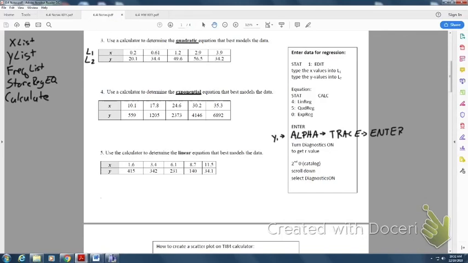So you'll move your cursor right after store, reg, EQ, and you're going to put Y1 right there. Okay, that's alpha trace enter. And then go down to calculate, hit enter, and the equation that should give you is this right here. So you want to make sure that you are getting this equation.